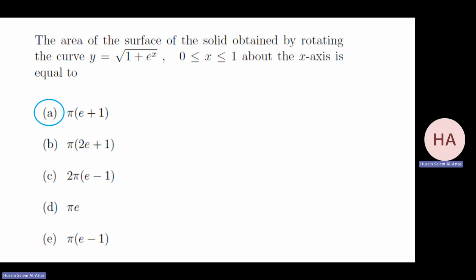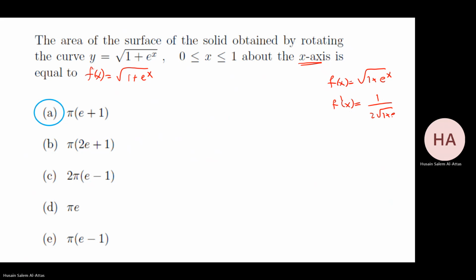Okay. What I have here. This is f of x. About the x-axis. So I have f of x equal to this. So it will be f prime times e to the power x. Am I right?